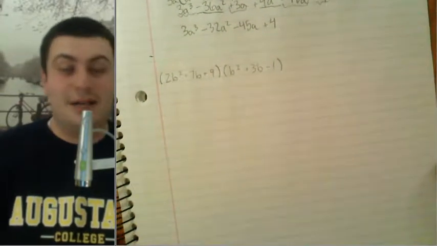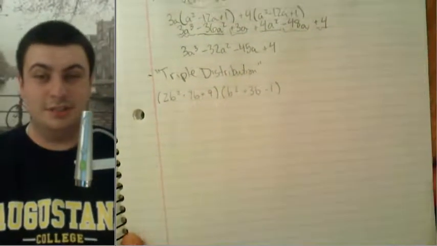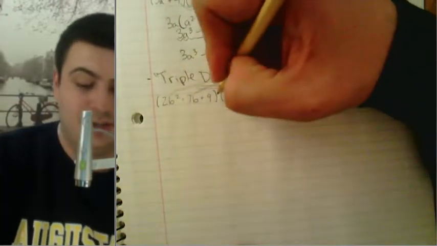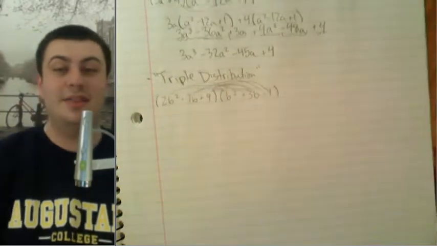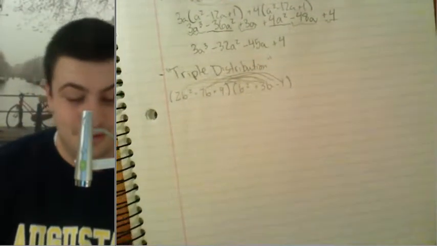Now, for a trinomial times a trinomial, we have what I like to call triple distribution. We're going to take each of these three terms of this first trinomial and distribute it over the second trinomial. So we're going to do distribution 3 times.